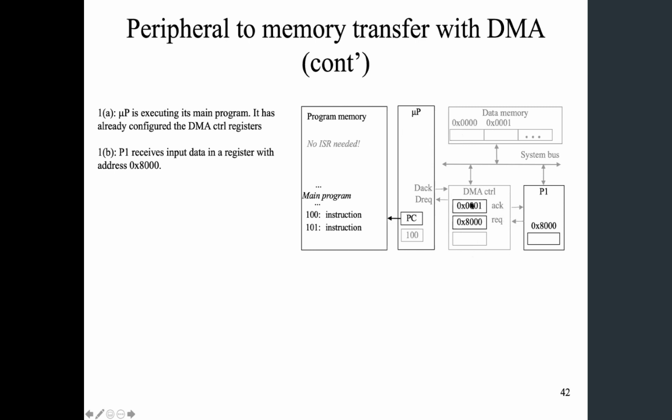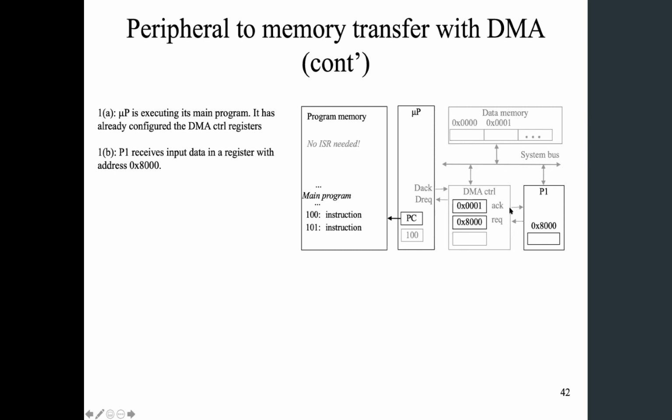In itself, it has a few things, this address 001 and this address 8000. In terms of signals, it has request and acknowledge, and here is the DMA request and DMA acknowledgement.